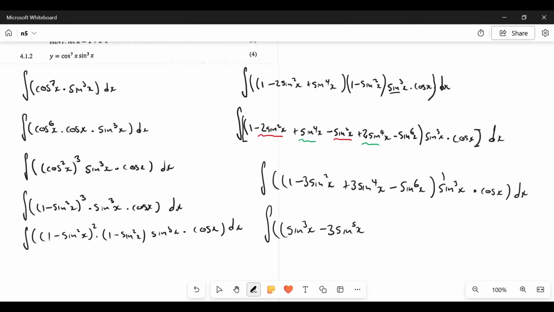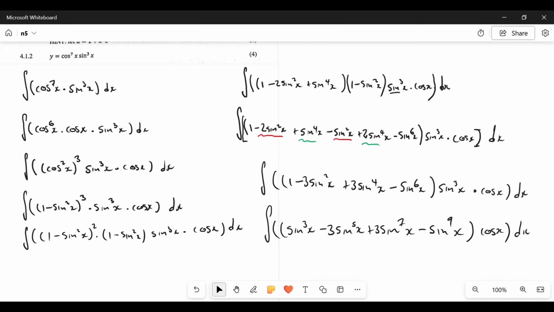And then we multiply this sine to the power of 3x with 3 sine to the power of 4x. This here is going to give us plus 3 sine to the power of 7x minus, and then we multiply this sine to the power of 3x with negative sine to the power of 6x. That is going to give us negative sine to the power of 9x. There we go. Close bracket. So we are left with what here? Cos x, close bracket, dx.